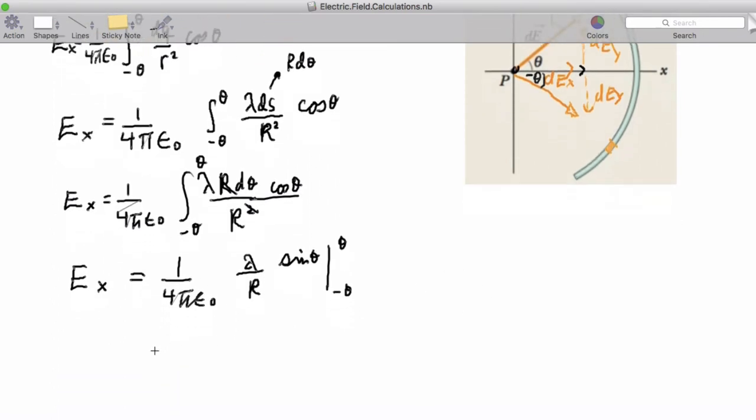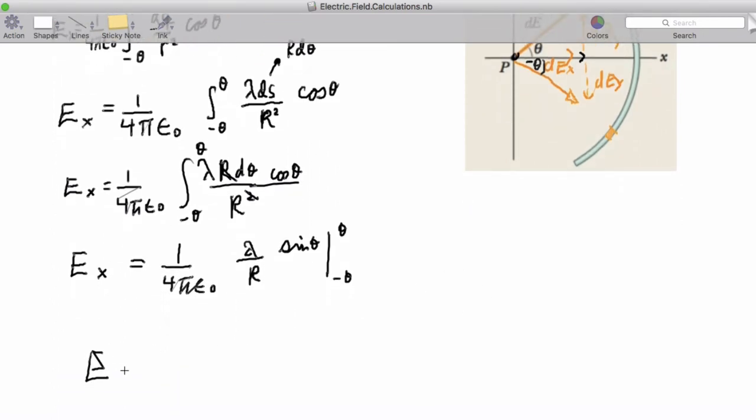When we simplify this out, we're going to get that Ex equals, I'll just leave it as E since it's only in the x direction, E equals 1 over, now here's the thing, when I integrate this out, this ends up being 2 times the sine of theta.